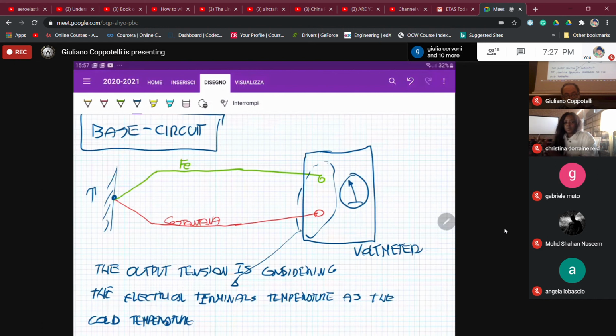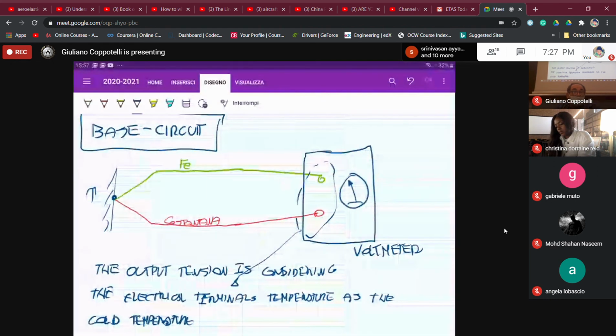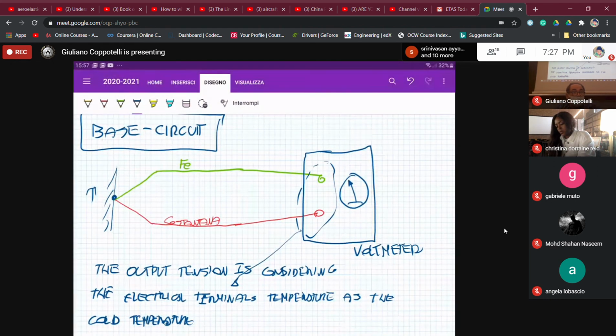Please remember that the cold temperature is the one of the electrical terminals, and therefore you have to take that into account.